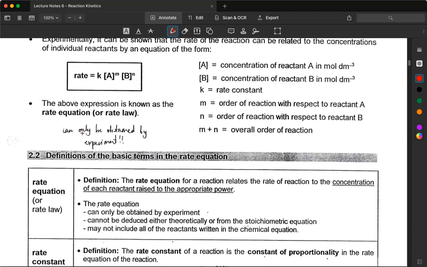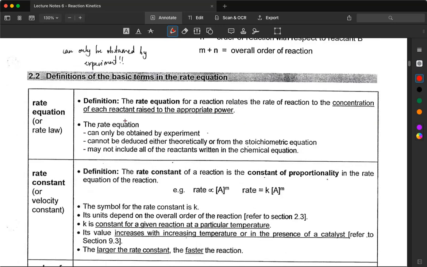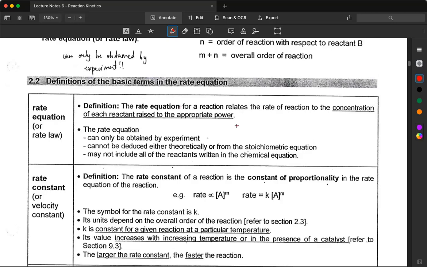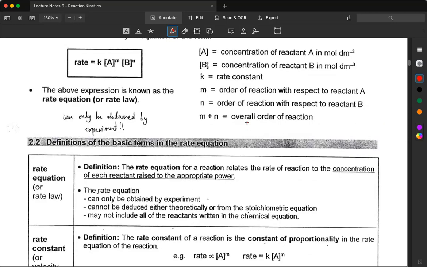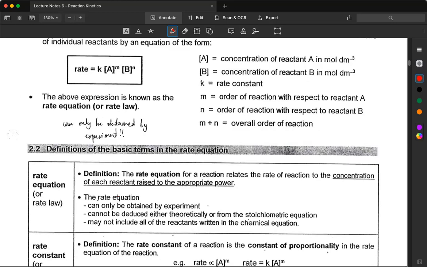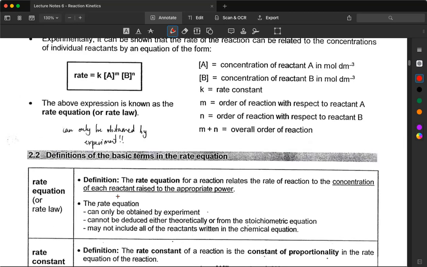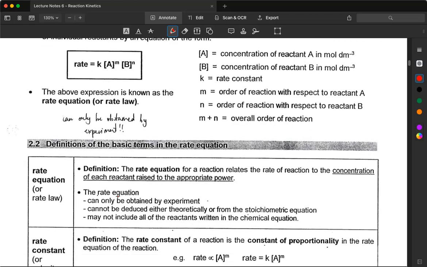So please remember: the rate equation for a reaction relates the rate of reaction to the concentration of each reactant raised to the appropriate power. To obtain the rate equation, we get it from experiment, and we can't deduce it from theory or from the stoichiometric equation. Cannot. You must obtain the rate equation from experimental data.